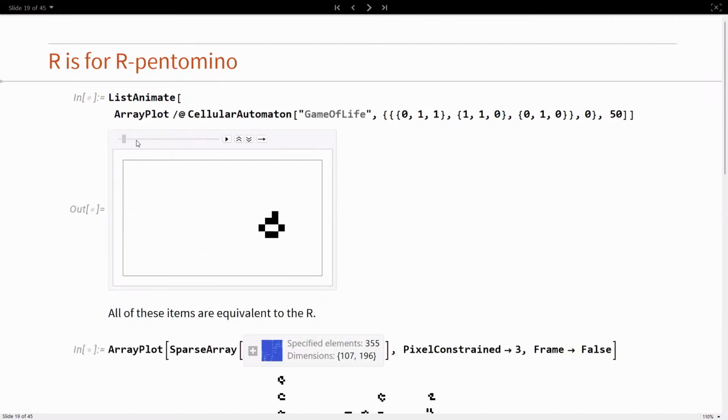We've mentioned the R pentomino, and that creates a B heptamino at step 20, and a Herschel at step 48.